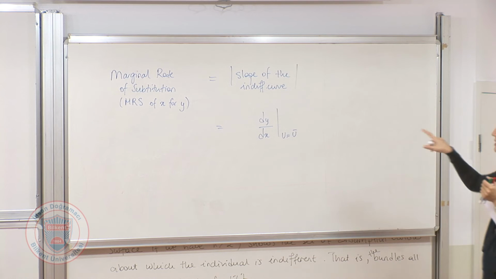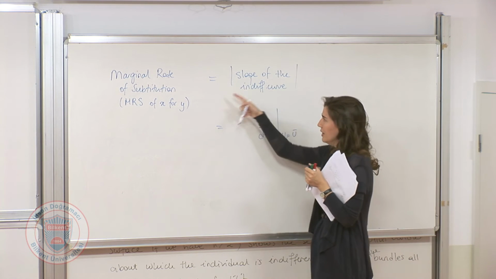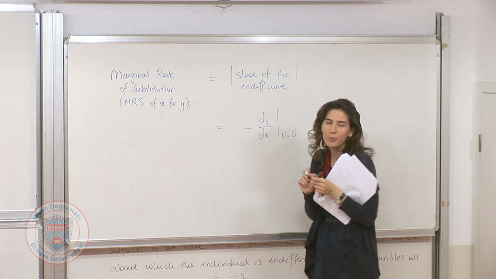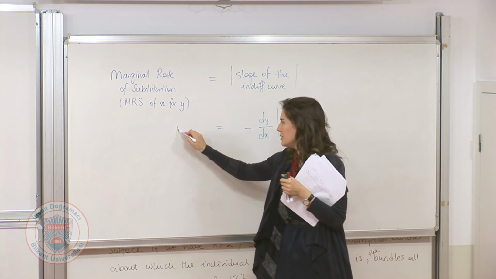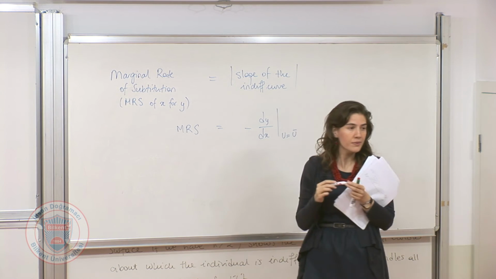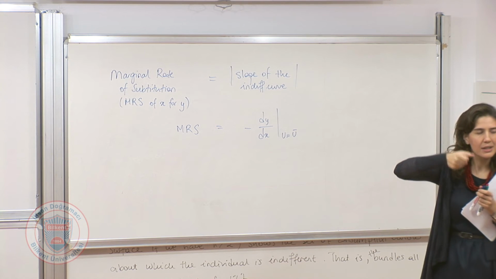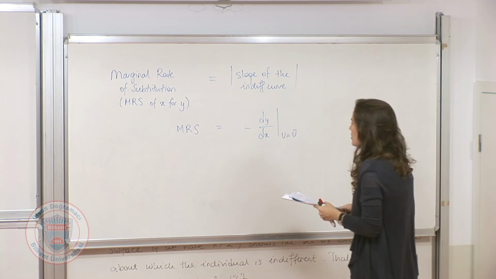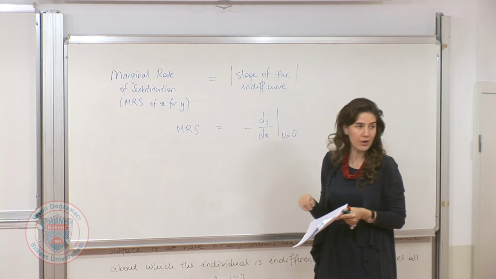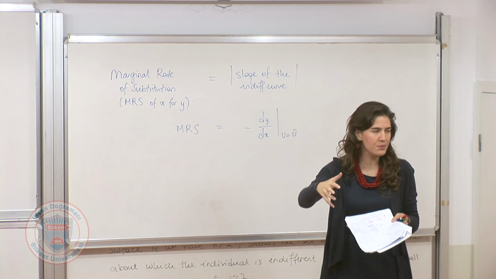But we know that this number is negative, so we can put a minus here. So this is basically MRS. You see that this is the rate at which you're willing to substitute x for y. That's why it's called marginal rate of substitution.